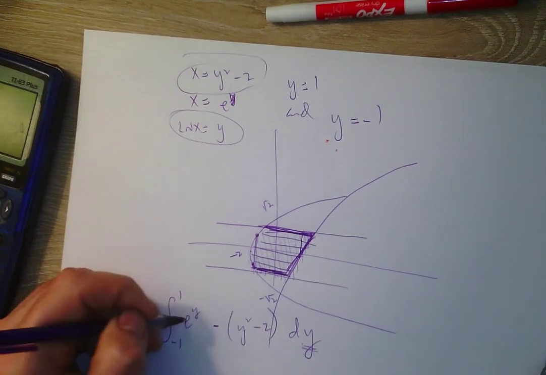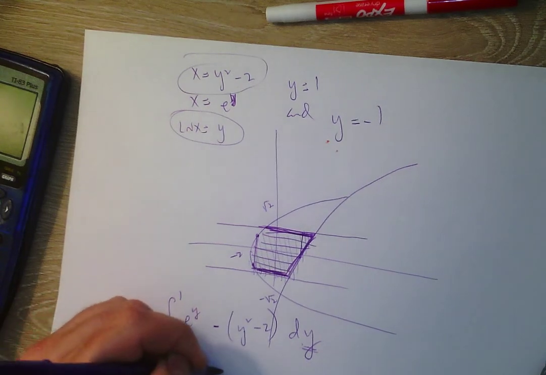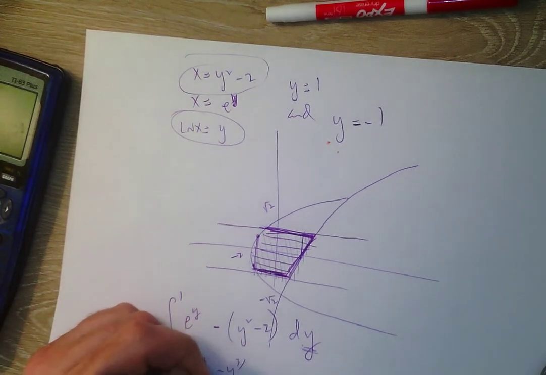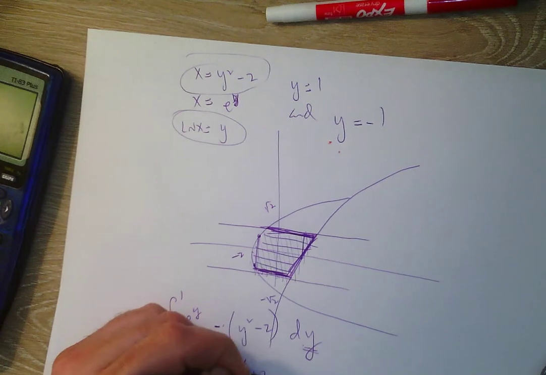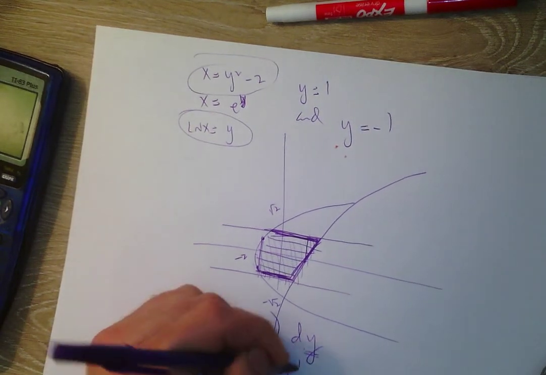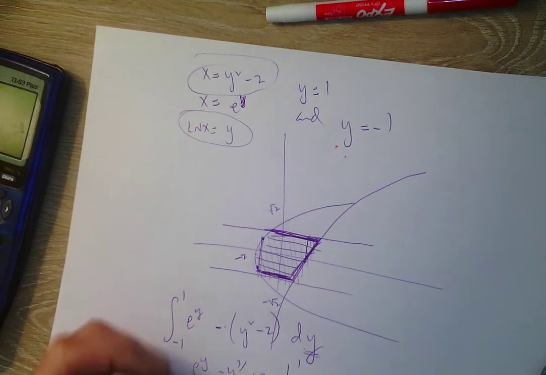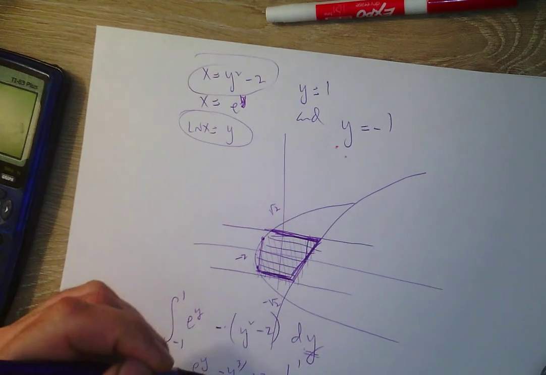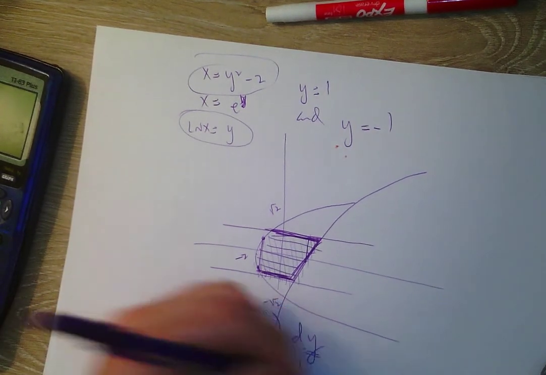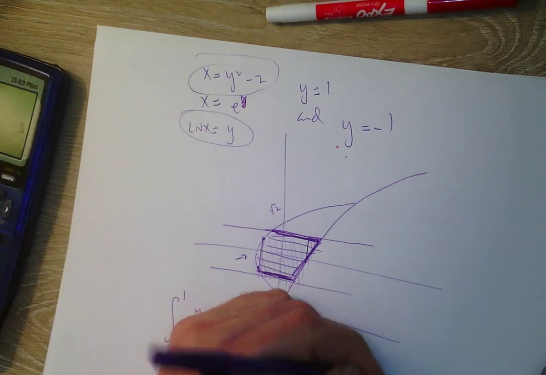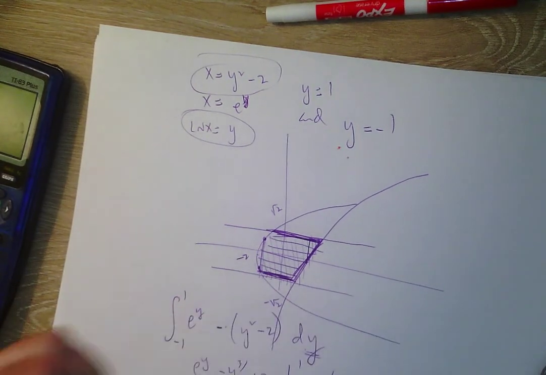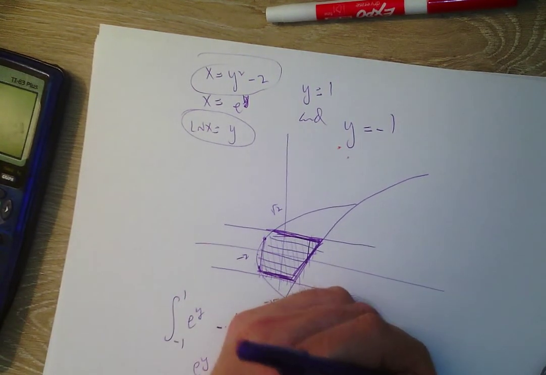Okay, so what's the antiderivative here? It's e to the y minus y to the third over 3 plus 2y from negative 1 to 1. Okay, and that's going to be e minus 1/3 plus 2 minus e to the negative 1.